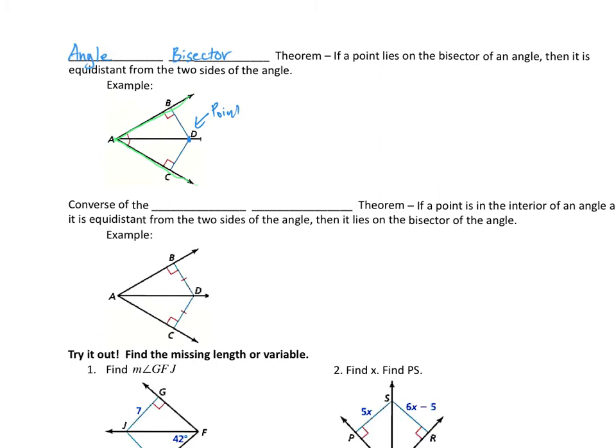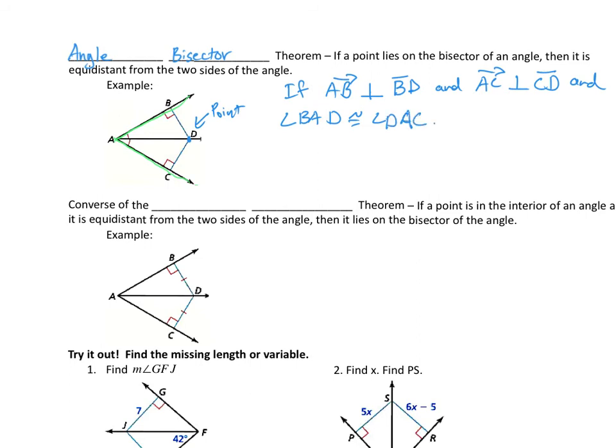This is our point. So if ray AB is perpendicular to line segment BD, and AC is also perpendicular to CD, and angle BAD is congruent to angle DAC, then we can say BD has to be congruent to DC.